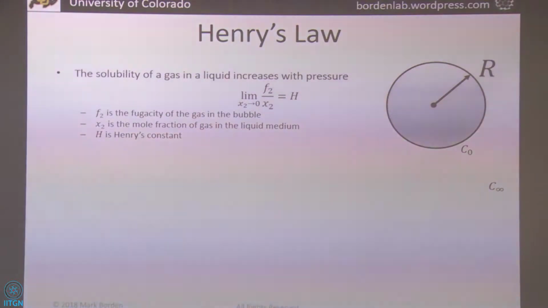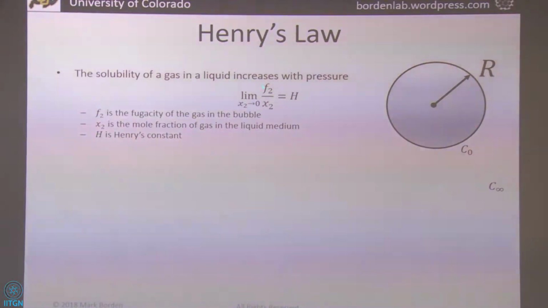Okay, the next concept that we need to apply is Henry's law. So the solubility of gas in liquid increases with pressure according to this expression. And I'm using the definition of it the way it was defined in Krausser's book. There's a million different ways that Henry's law can be defined because there are always different units you can use.